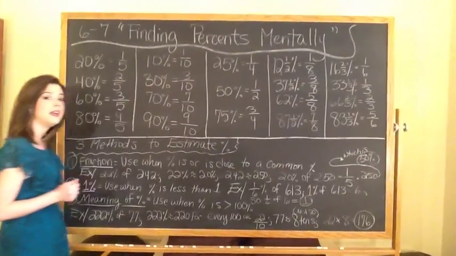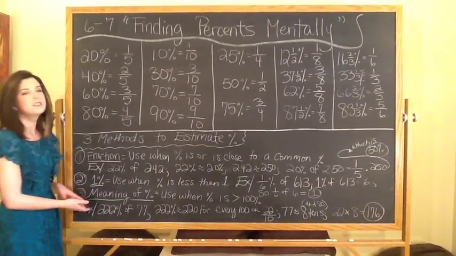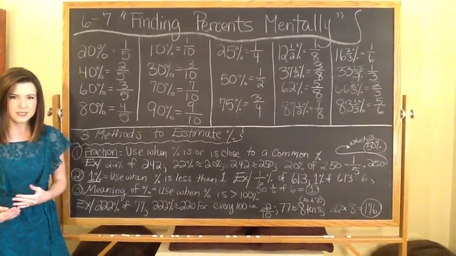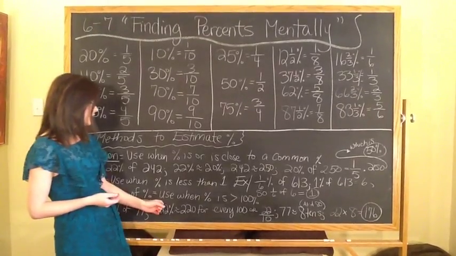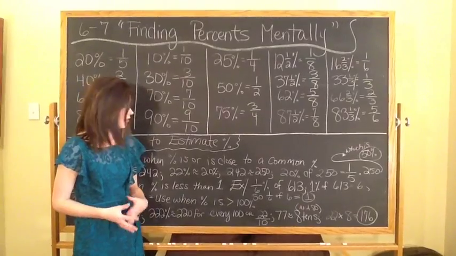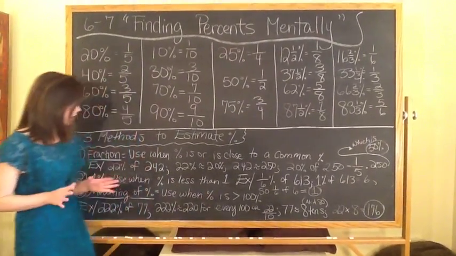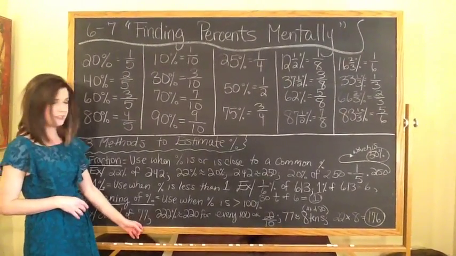The last method is by using the meaning of the percent. There are certain times when really understanding what a percent is will help you learn it a little quicker. Use this method especially when the percent is greater than 100. You can use it in different examples, but this is definitely when it's helpful. For example, 222% of 77.